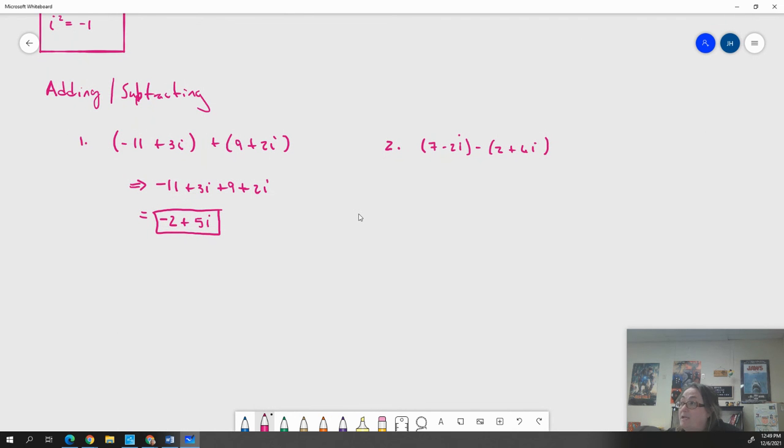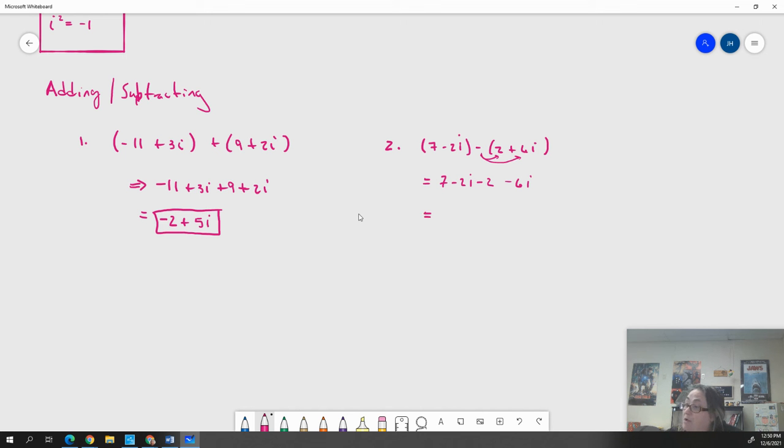This first part can come out. I could write this as 7 - 2i, but we have to distribute this negative to each part. So that would be minus 2, but it is also minus 6i. And ultimately, all it serves to do is change the sign of everything that comes behind it.